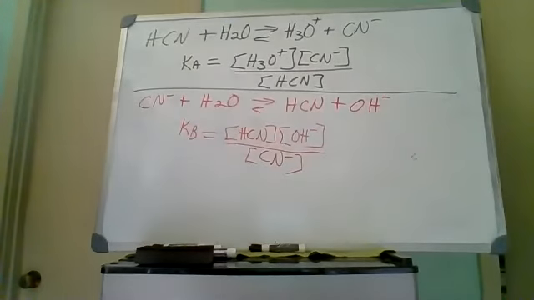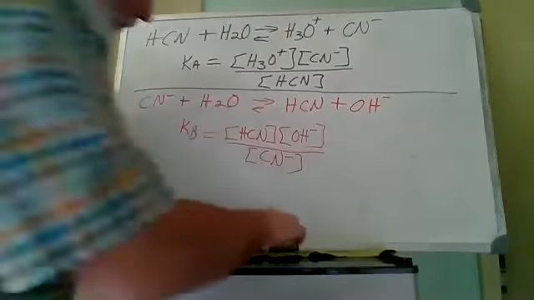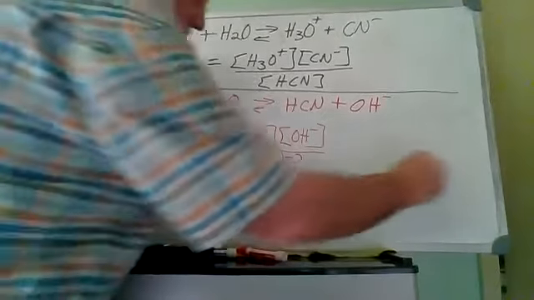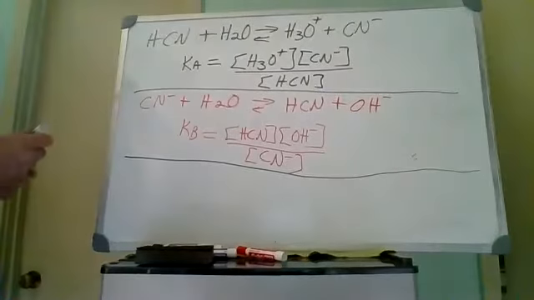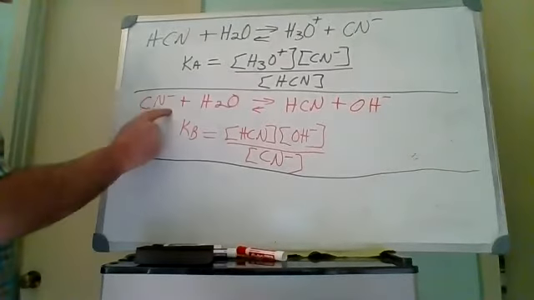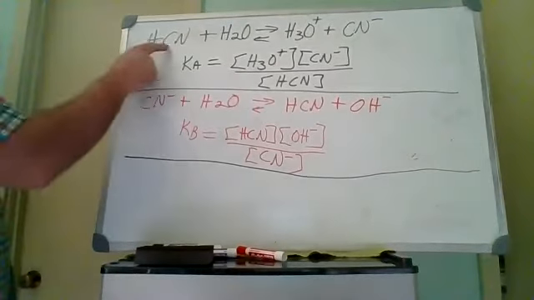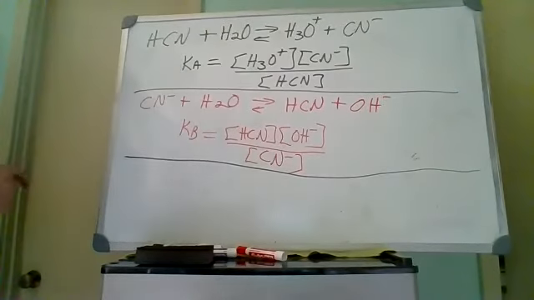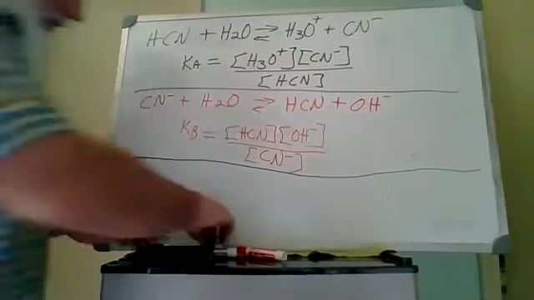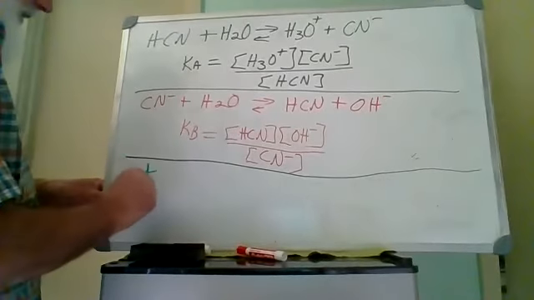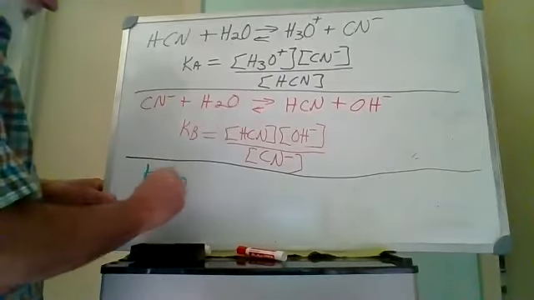Now what we want to do here is multiply. Notice that this reaction here is the hydrolysis of the conjugate base of this weak acid. So what we're going to do down here in green is multiply Ka times Kb.